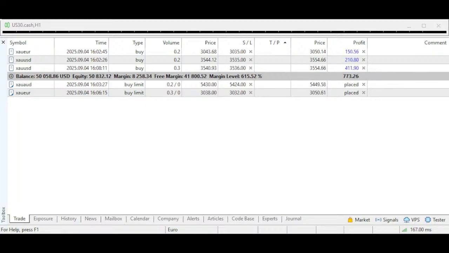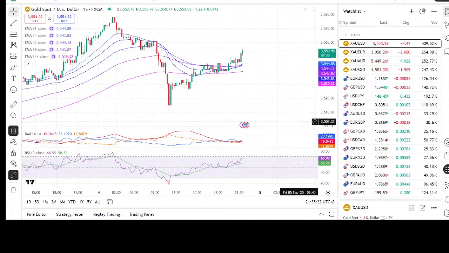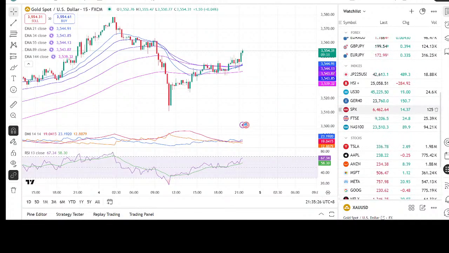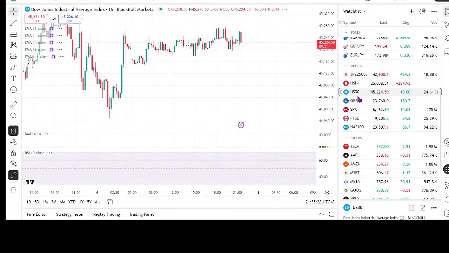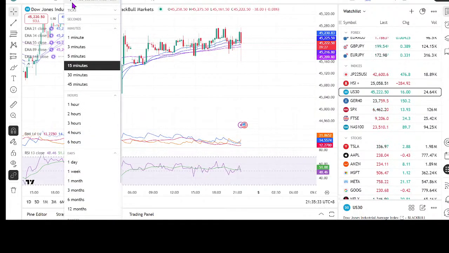I think the Aussie order wasn't filled; we missed it, so we may need to look into it. Now let's discuss these trades in detail, and also look into the Dow. The Dow has just started, so maybe we'll look at the Dow first, then concentrate on gold.